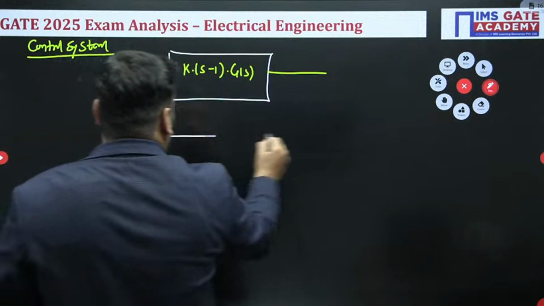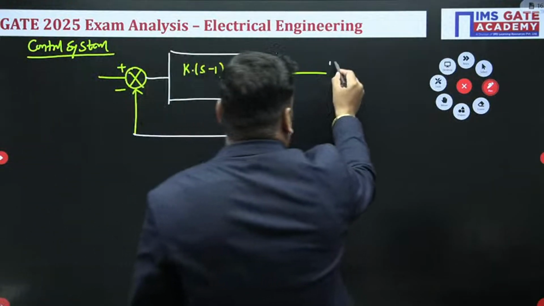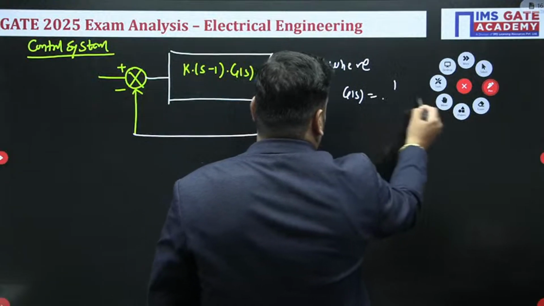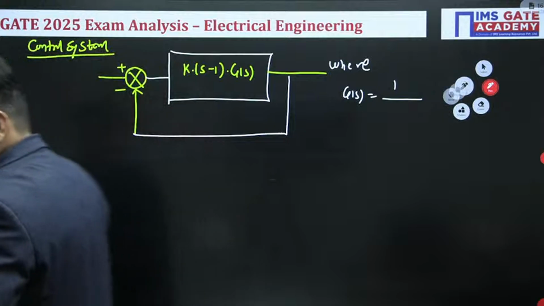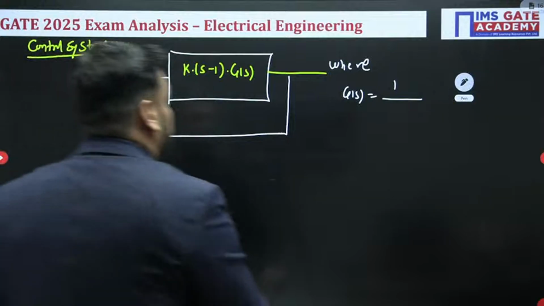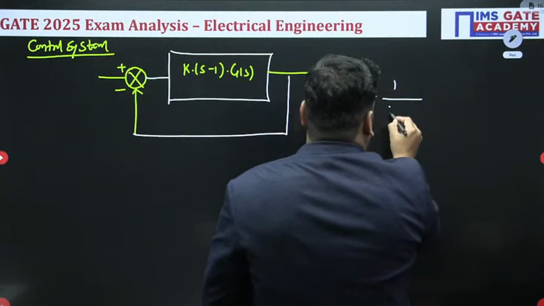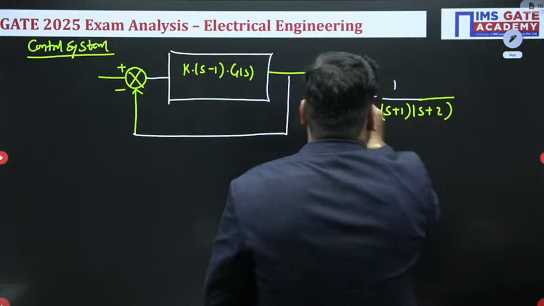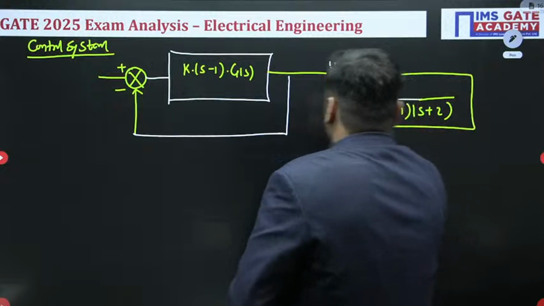This is a unity feedback where G of s value is given to us as 1 upon (s plus 1)(s plus 2).